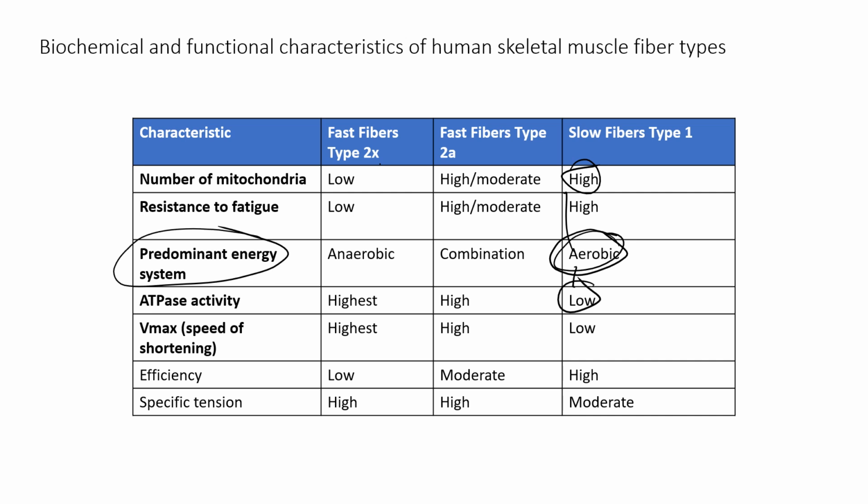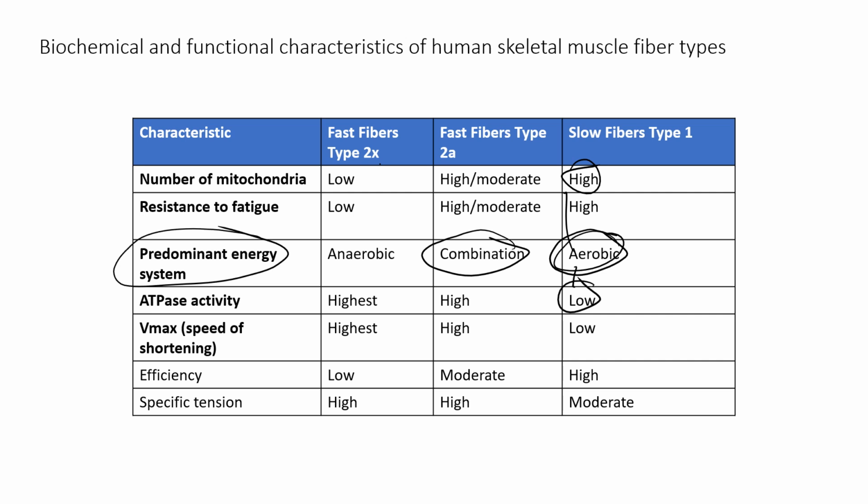We look at type 2A fibers, and they use a combination of slow and fast metabolism. These are the fibers that I was really talking about when I was going through metabolism at the beginning of the class, from a slower intensity to a higher intensity, a lower ATP demand to a higher ATP demand.